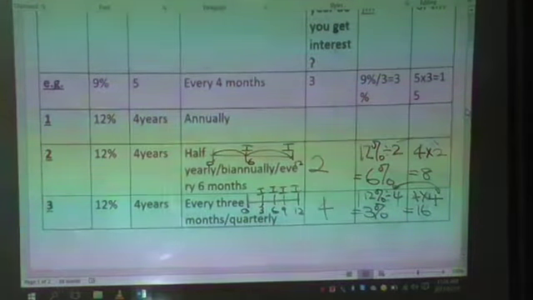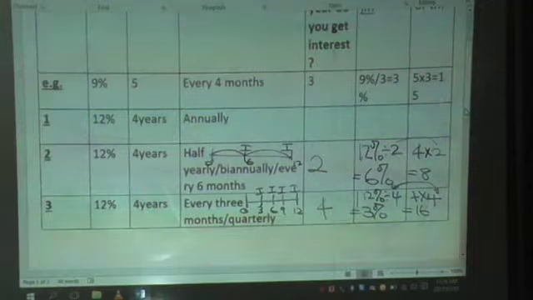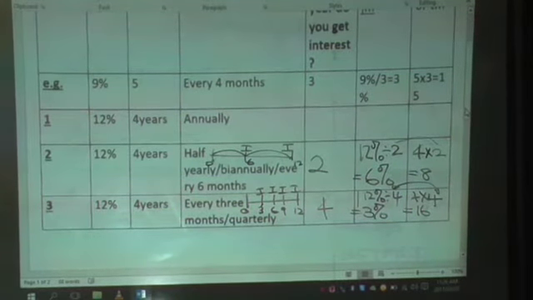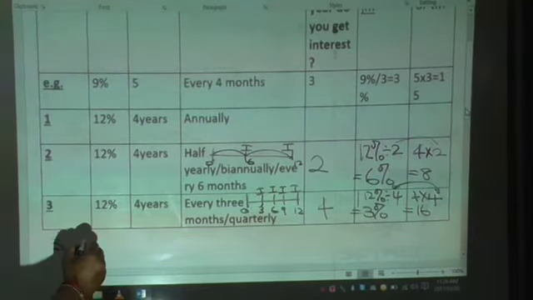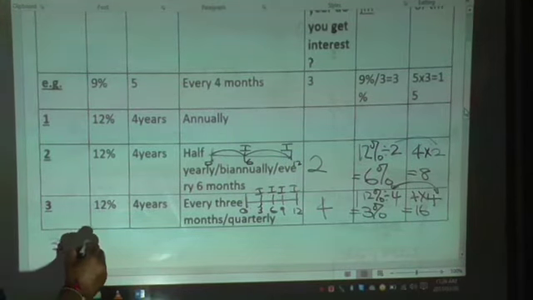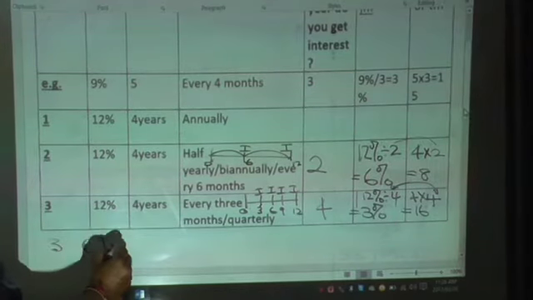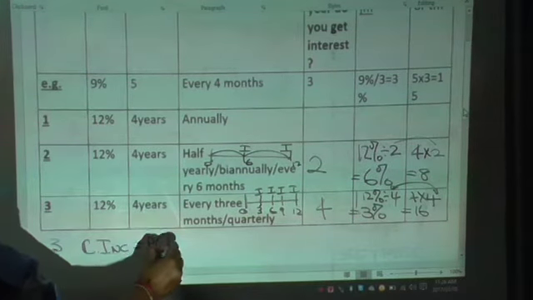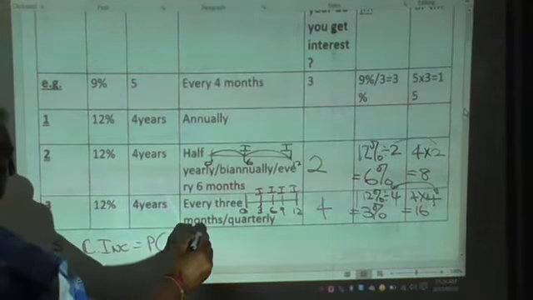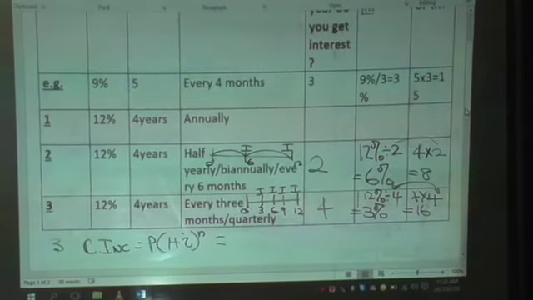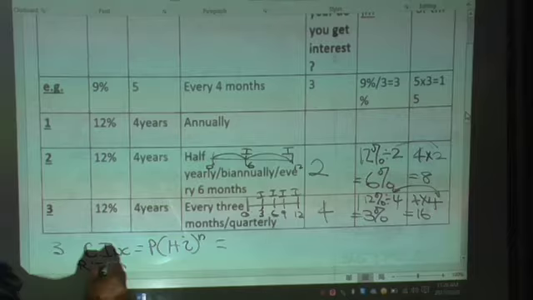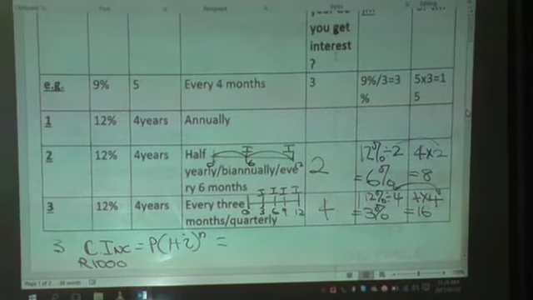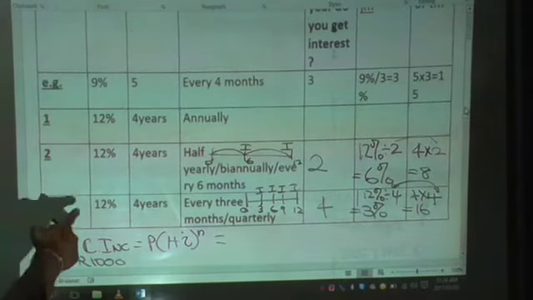Alright, so this little table teaches you how to adjust the rate and n. If I take only number 3, in my formula, compound increase is equal to P into 1 plus i to the n. Then when I'm substituting, let's say P is 1,000 rands, because I haven't got P here.